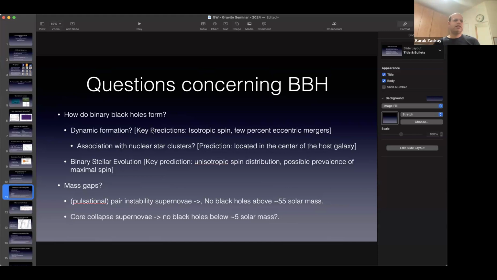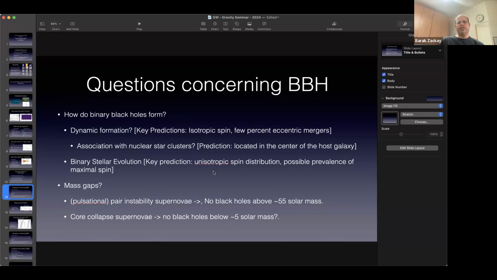The key question currently is, how do they form? Long story short, we don't yet know, although we have a way to map what could be. So a key question is, I have two black holes. Did they form together, or did they assemble after they were black holes? Forming together means that they formed through binary stellar evolution.